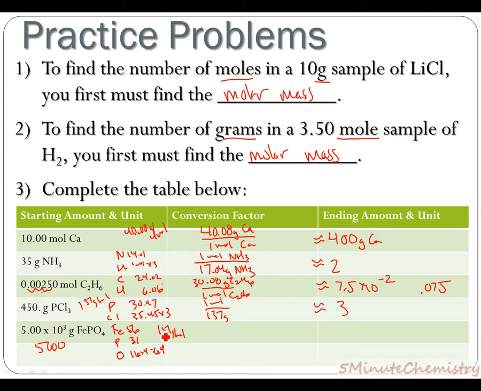We're starting with grams. So we're taking that 5,000 grams and we are going to divide the 151 grams to 1 mole. So if you take 5,000 divided by 150, the best way to do this mentally is think 150 and then 300 and then 450.